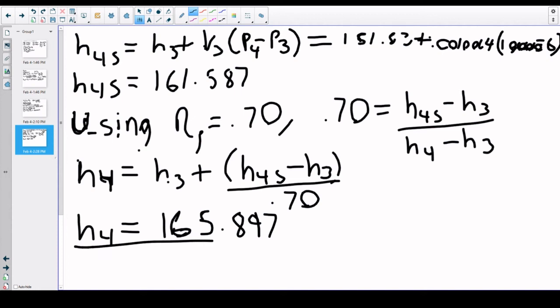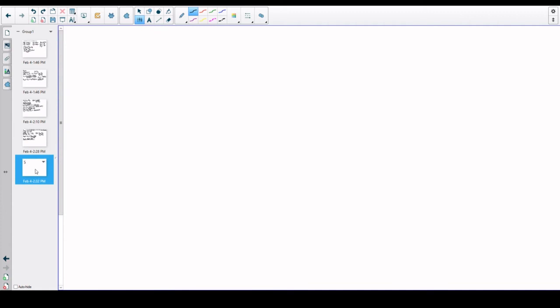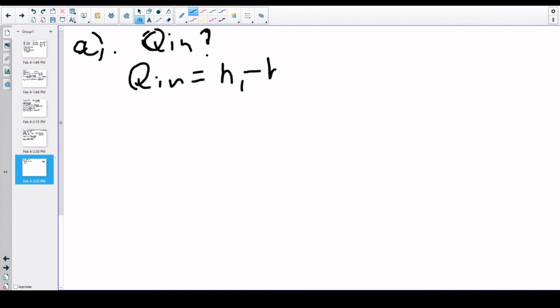And so now we can move on to actually solving what this question is asking. That's always been my philosophy: find all the H's and then worry about what it's asking. Don't try to solve things before you can. So we are looking for Qn, which is the heat added in the boiler. This is the heat required to get the compressed liquid back to the temperature required at the turbine entrance, so 480 degrees C, because it's already at the pressure that we need, but we need heat added to get there temperature-wise.